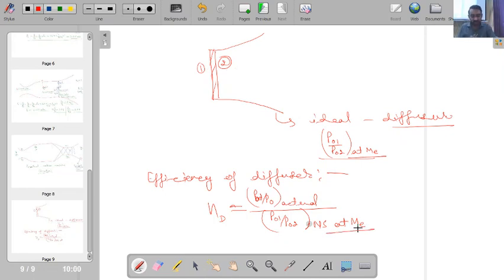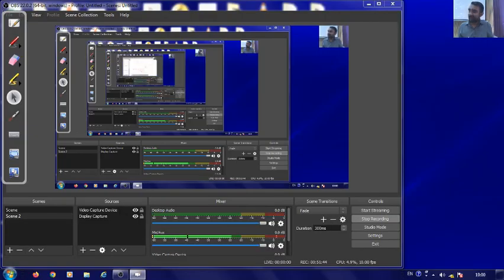This particular term is called nothing but the efficiency of the diffuser. Now what are the different aspects related to the efficiency of the diffuser, that I will take up in the next lecture.